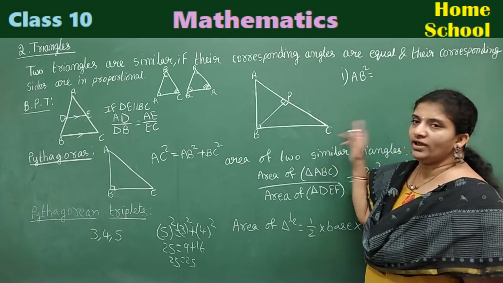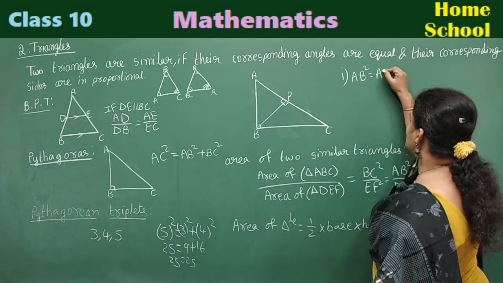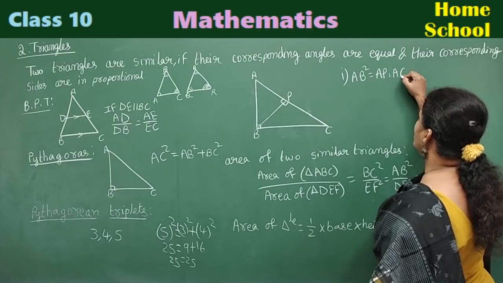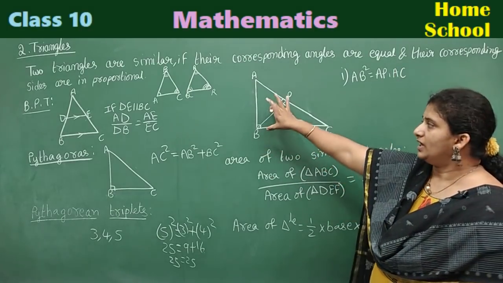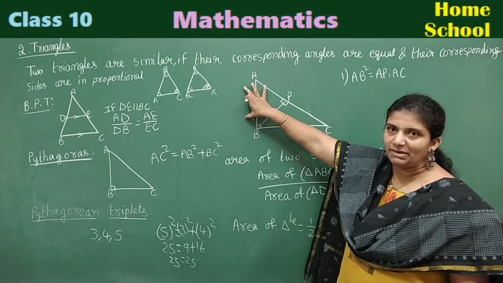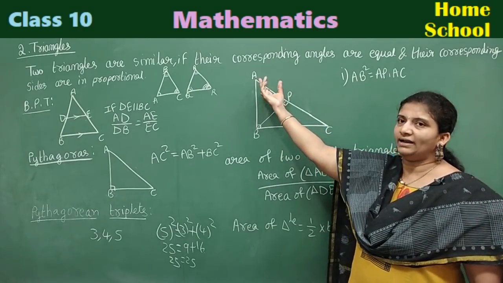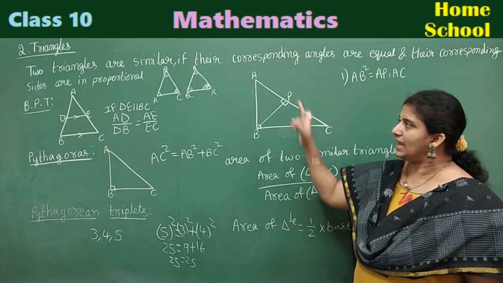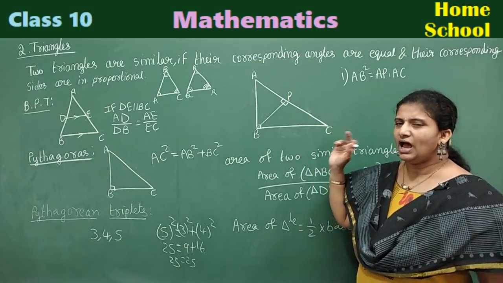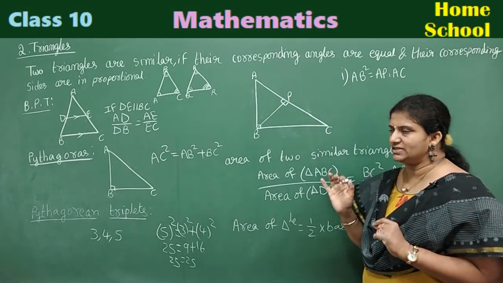AP into AC. AB square is equal to AP into AC. If I take this side, AB square, A is touching the hypotenuse. Small part and full hypotenuse, AP into AC. How we are going to get this also, I will say.